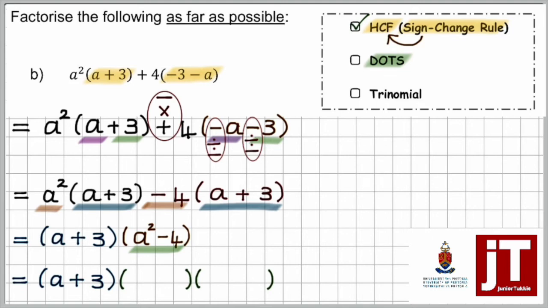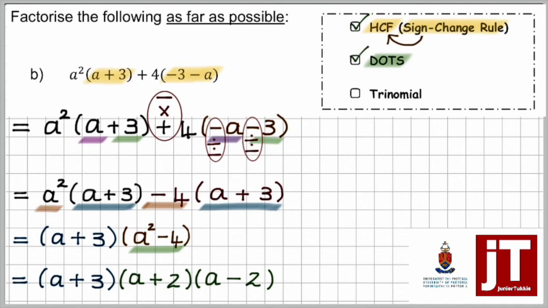Then we write out the two sets of brackets, a positive sign in the one set and a negative sign in the other set. To obtain a squared, we say a times a. To obtain 4, we say 2 times 2. And therefore we have the first terms and the second terms in each set of brackets. We're done using the difference of two squares.